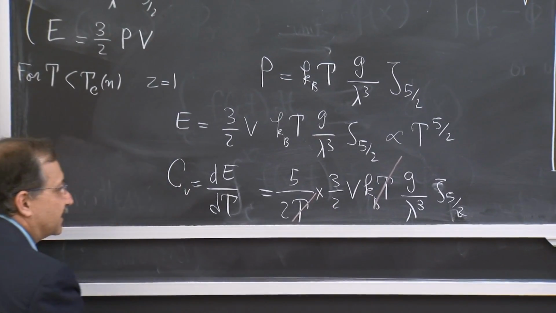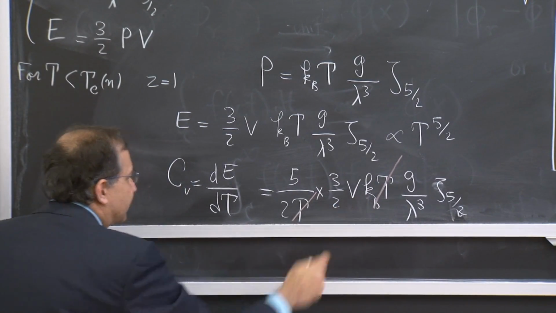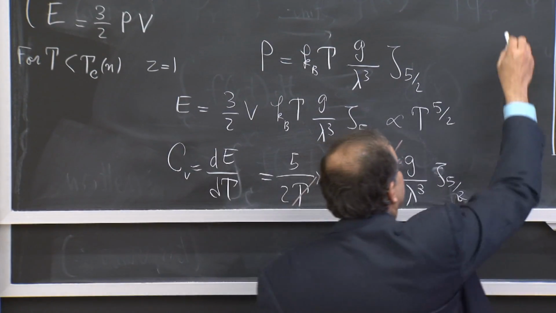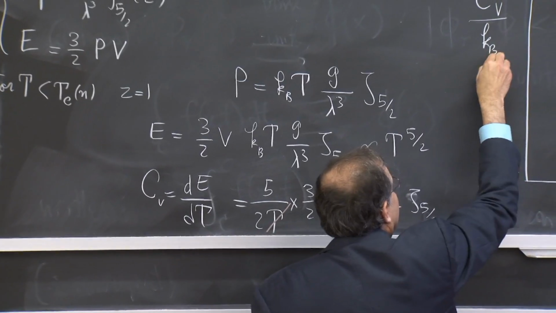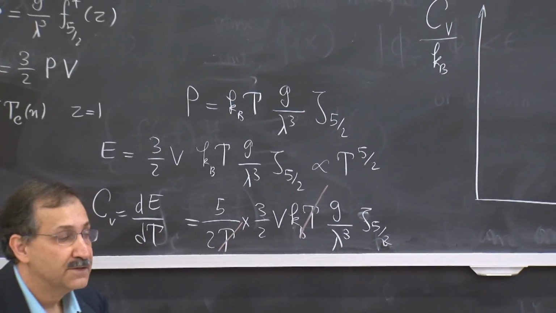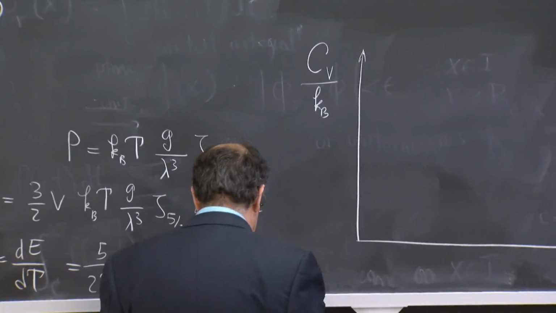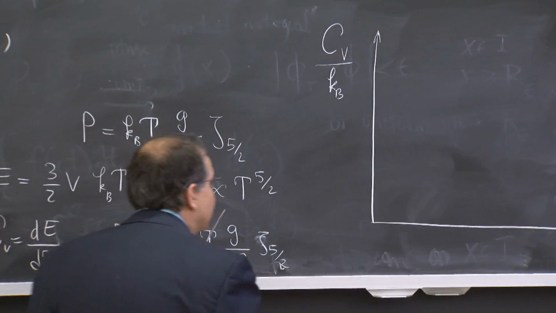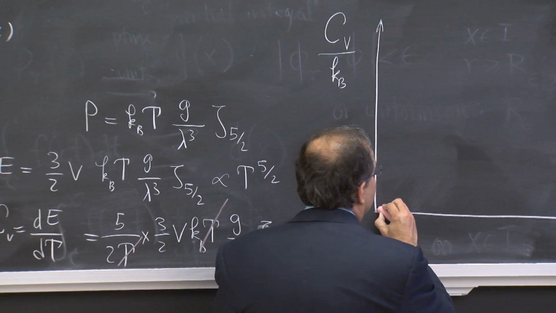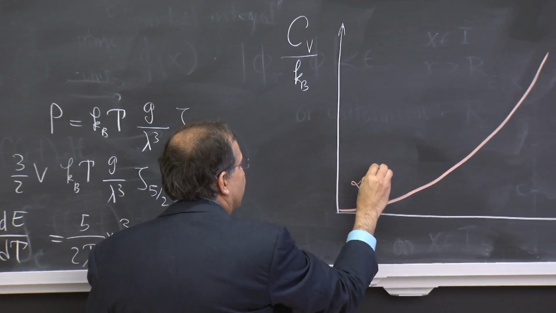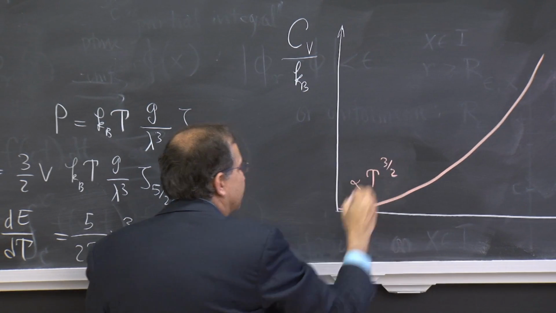So I have something that has units of kB. It is extensive, proportional to volume. I can certainly write it in this fashion. And what I have is that the curve behaves like T to the 3/2. So this is proportional to T to the 3/2.